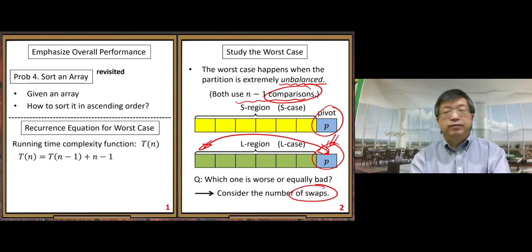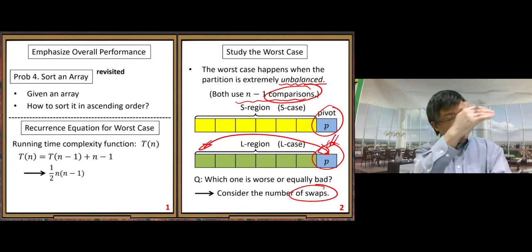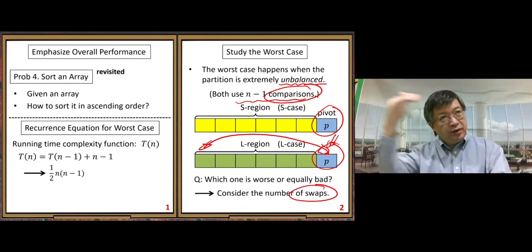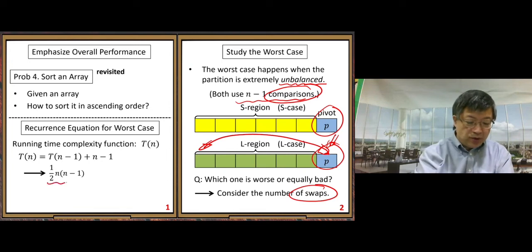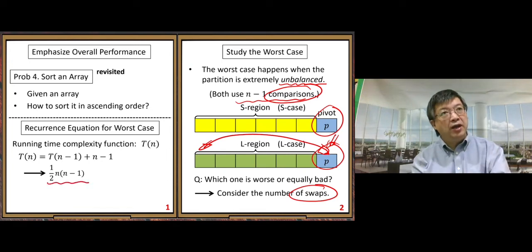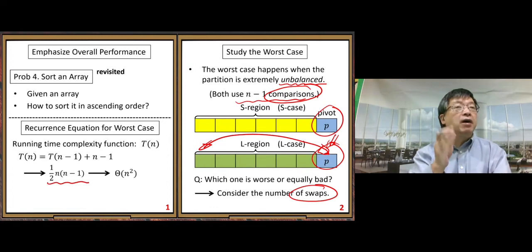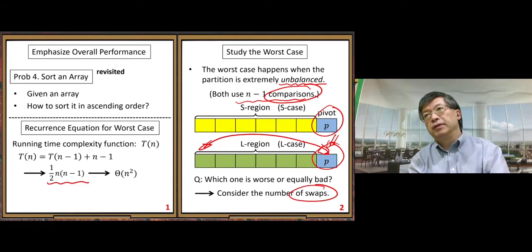To solve this one is very easy. I think everyone can do that easily. You know, summation from 1 all the way through n-1. So you get this expression, 1/2 times n times n-1. This one we know is big theta of n squared.